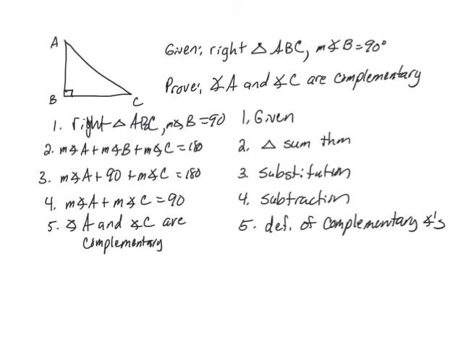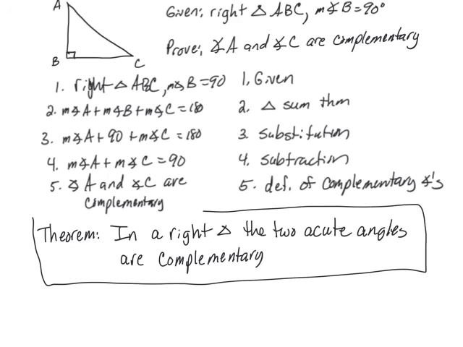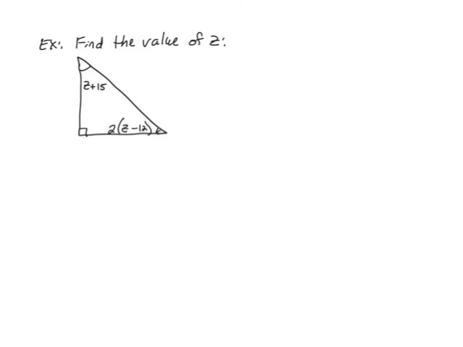So, that's our new theorem. In a right triangle, the two acute angles are complementary. So we can write that down, and we have another theorem we can use. So we can use that in our last example here.